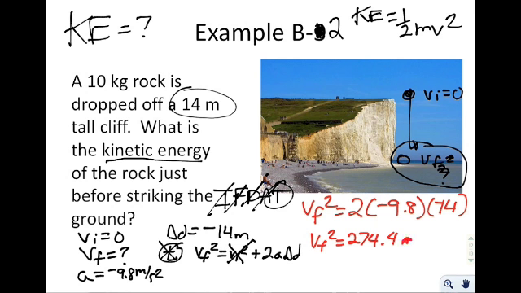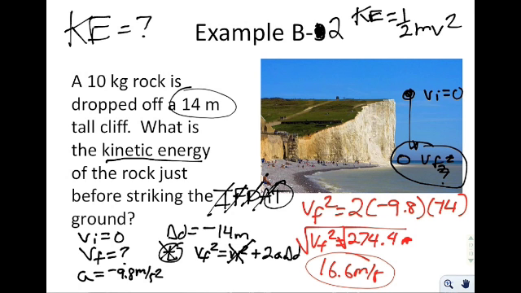There's no unit really at this point. You've got to take the square root of both sides to solve for the velocity. And when you do that, you end up getting 16.6 meters per second.